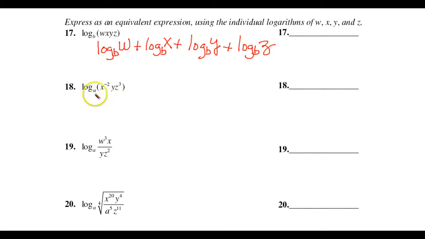All right, let's go on. Now notice we have some negative exponents here. So we have a negative 2 exponent, so this will be a negative 2 log base a of x. Now this one will just be plus, no exponent, just the 1.